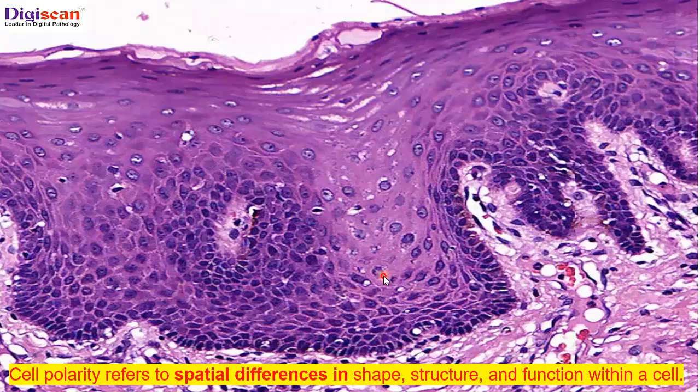These are also cells of the prickle cell layer. As the cells move upwards from the basal layer towards the keratin layer, there is a maturation of the cells with increase in the amount of cytoplasm and increased eosinophilia, and gradually when they reach near the keratin layer, the nuclei become flattened.